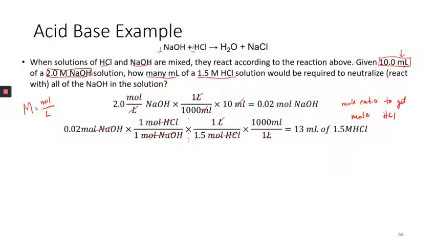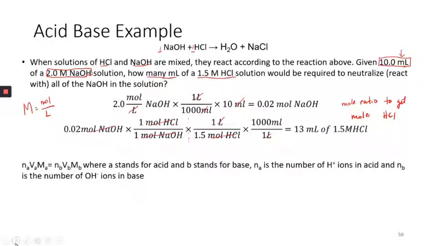Now there is an easier way to do this, which you probably learned in honors chem towards the end of the year, where you could use this equation right here: NaVaMa = NbVbMb. The A's are for acid, and the B's stand for the base.